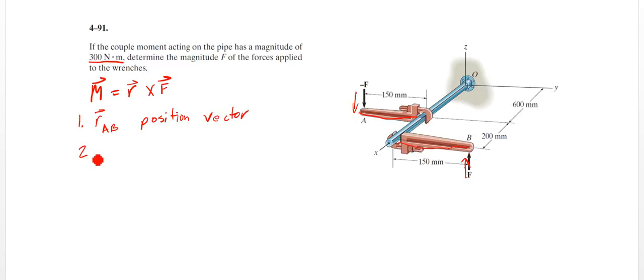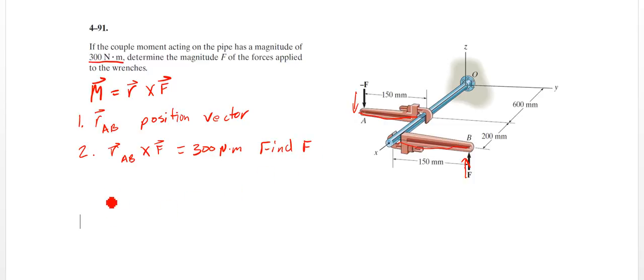And then step two, we'll cross that with F. And we'll set that equal to 300 newton meters, and we'll find F.